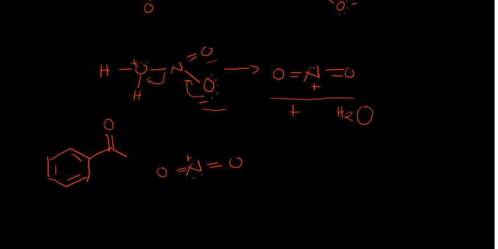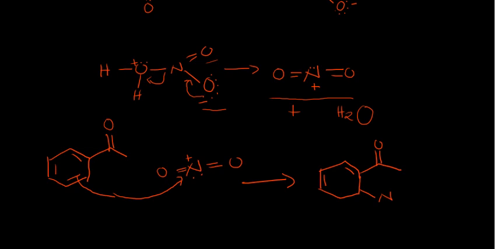So the double bond here will come and touch the nitrogen, and we are going to have a ring structure looking like this. We have broken the bonds there and added a nitrogen. So in short, this is just nitrogen dioxide.